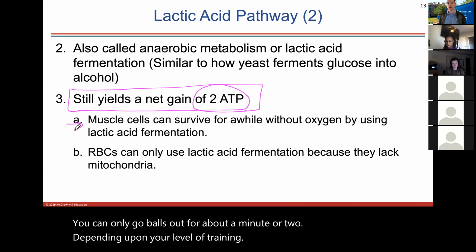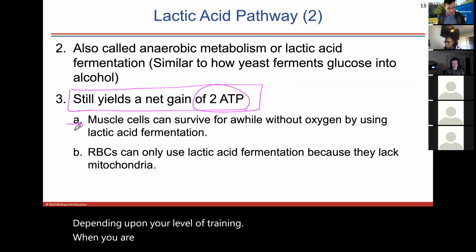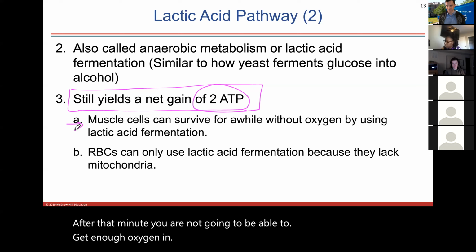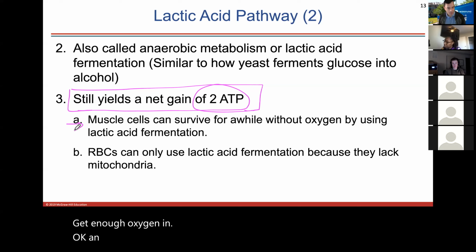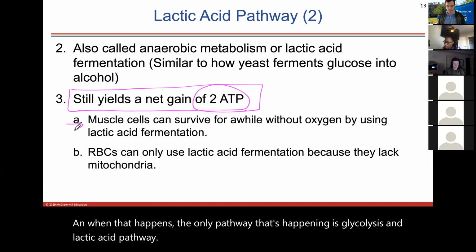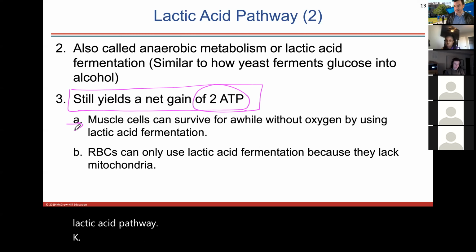When you're putting forth 100% effort for a minute, after that minute you are not going to be able to get enough oxygen in. And when that happens, the only pathway that's happening is glycolysis and the lactic acid pathway, because in that type of situation, it is in an anaerobic state.